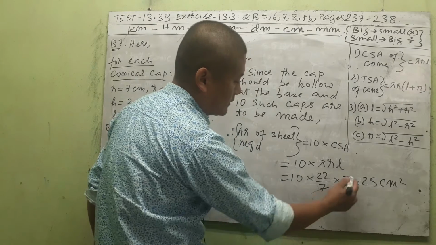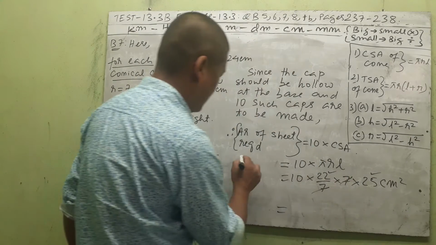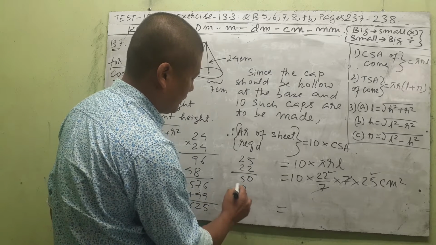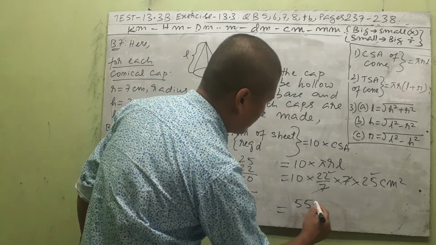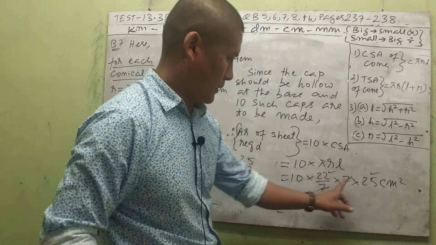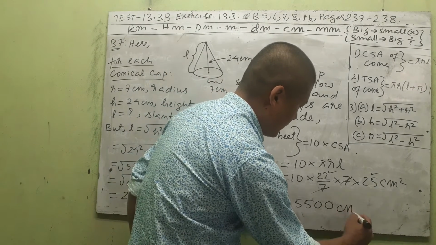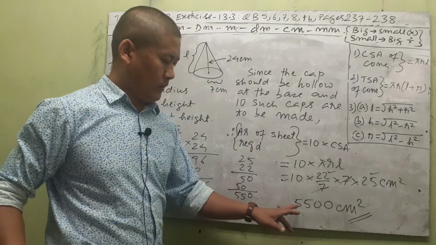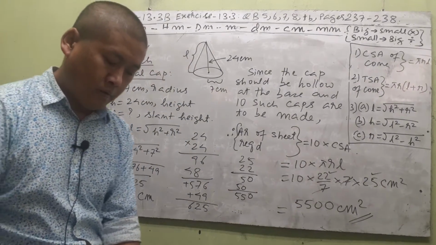This 7 and 7 cancel, leaving 25 into 22, which is 550. Multiply by the 10 here, so the total area of sheet required will be 5,500 centimeters square.